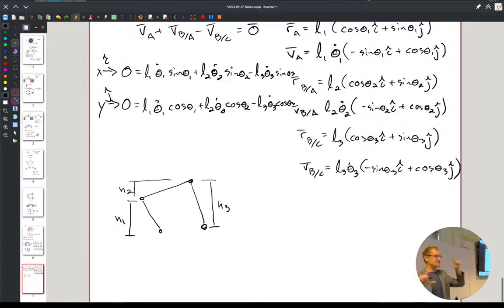So h3 has to be h2 plus h1, otherwise something's broken. Like we've broken our constraints on the original problem.